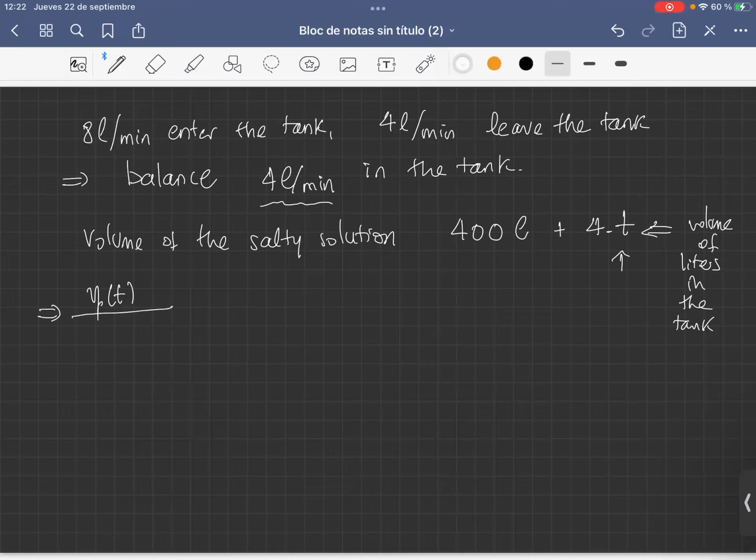And here, if we divide by this amount, which is precisely the liters of this salty solution, in a homogeneous mix, the liters in the tank, what are we gonna get? We're gonna get the number of kilograms of salt per liter. So this is kilograms of salt per liter.